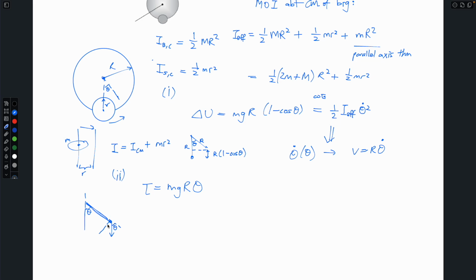This is theta. So this should be 90 minus theta. So then we do cosine, which is equal to sine. So technically speaking, it should be mgr sine theta to get the component of torque of gravity that is acting in this direction.